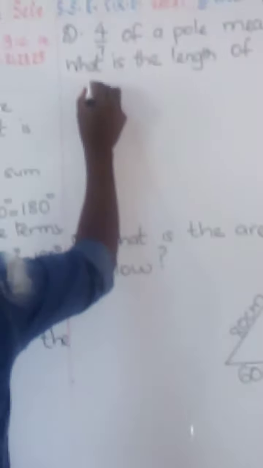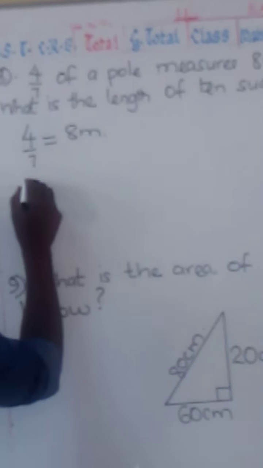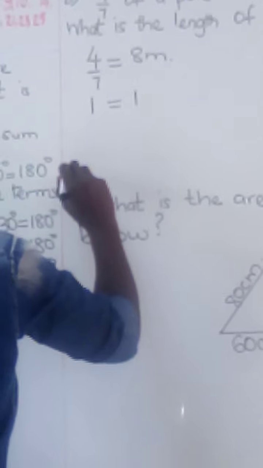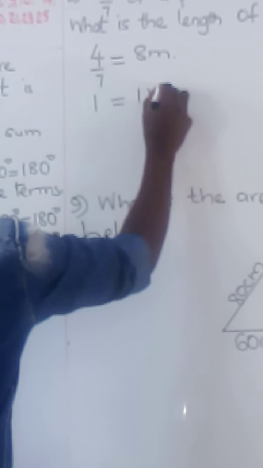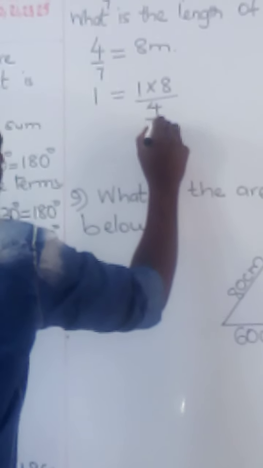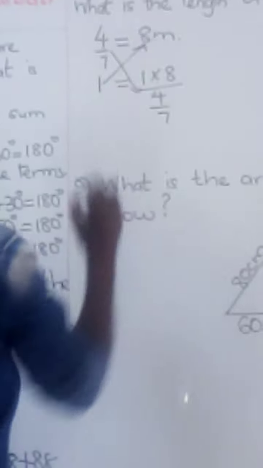So if 4 over 7 is equal to 8 meters, therefore 1 whole would be 8 divided by 4 over 7. So that is like cross multiplication.